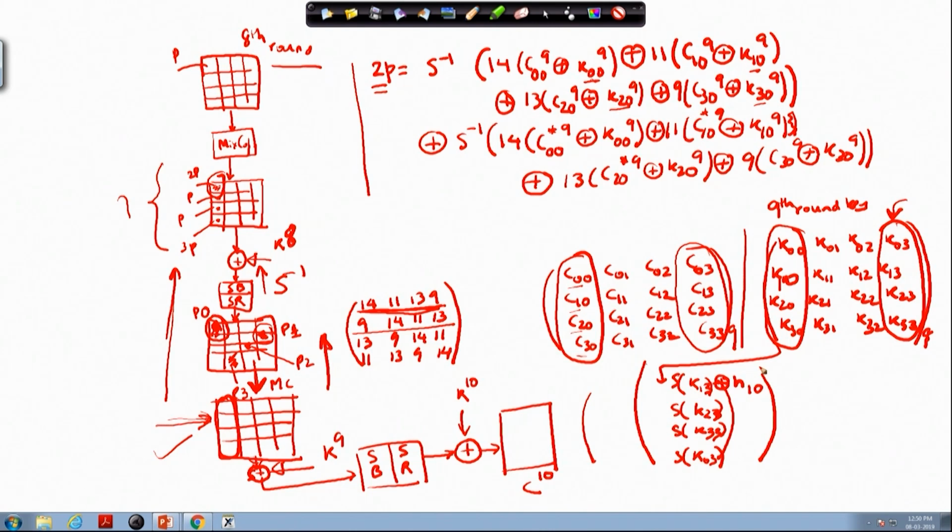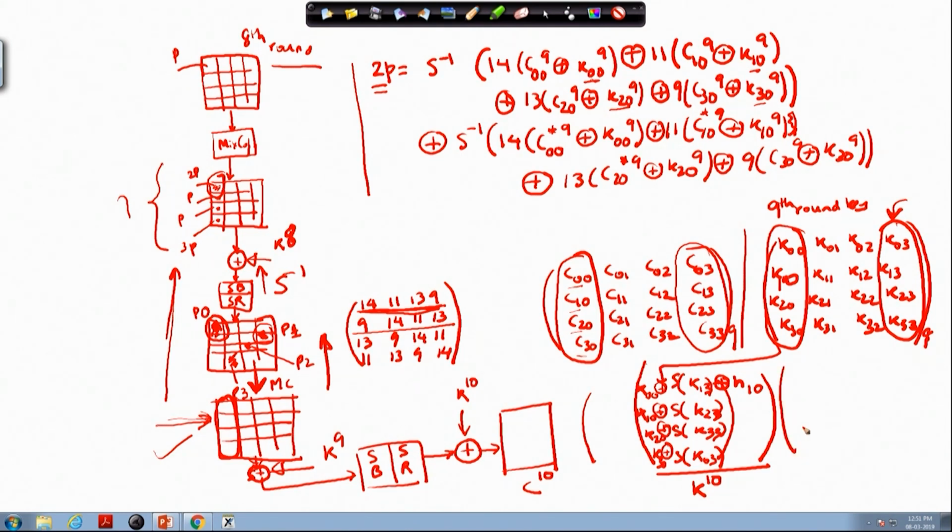Once you have that, you XOR this with the first column: you XOR this with K00, the second value with K10, then K20, and then K30, and that gives you the first column of your 10th round key.